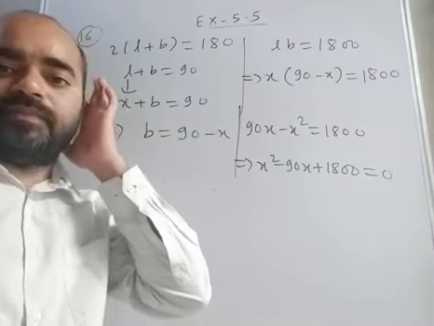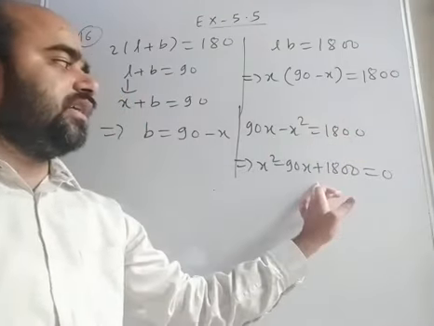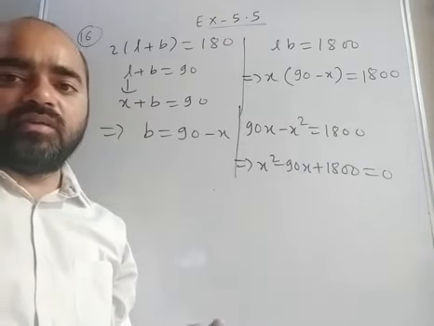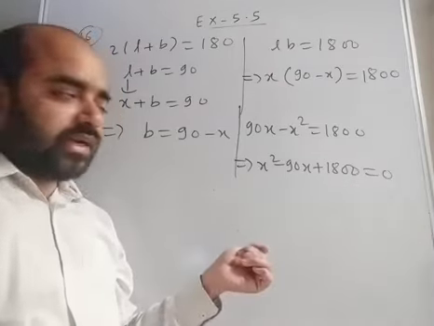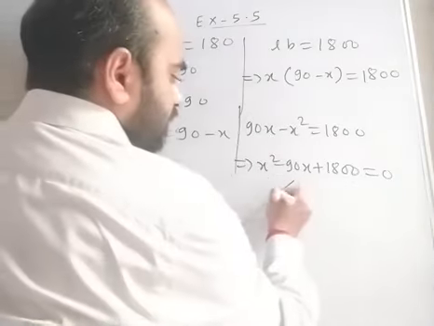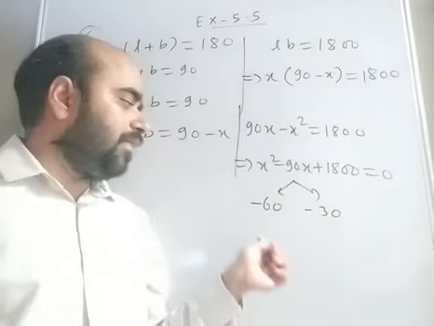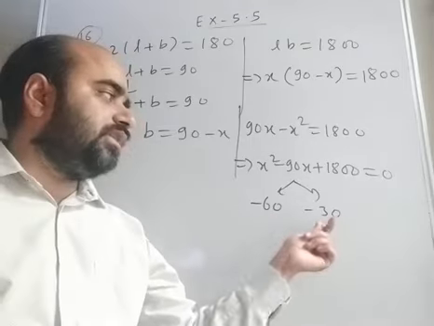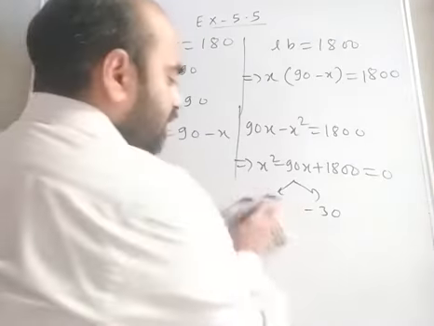This will come. Clear? Transposed, x² - 90x + 1800 = 0. Now this will be 60 and 30, plus 60 into plus 30 is 1800. Or we can take minus 60 minus 30, sum will be minus 90, and minus 60 into minus 30 will be plus 1800.